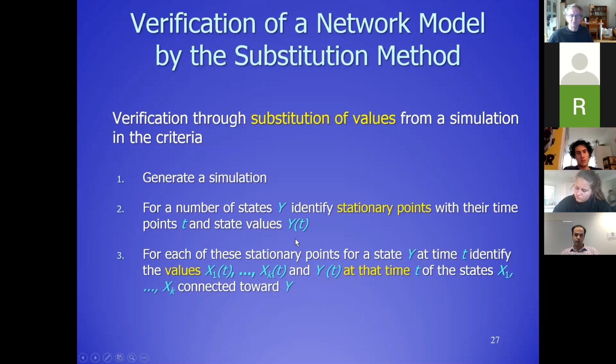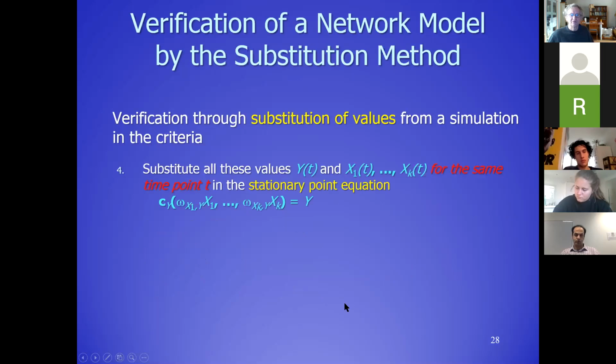So you consider both that value and these values. Then you substitute all of them in this equation. You substitute the x1 till xk values and the Y value here, and these are just known network characteristics. You can also take them from your role matrices and fill it in here.